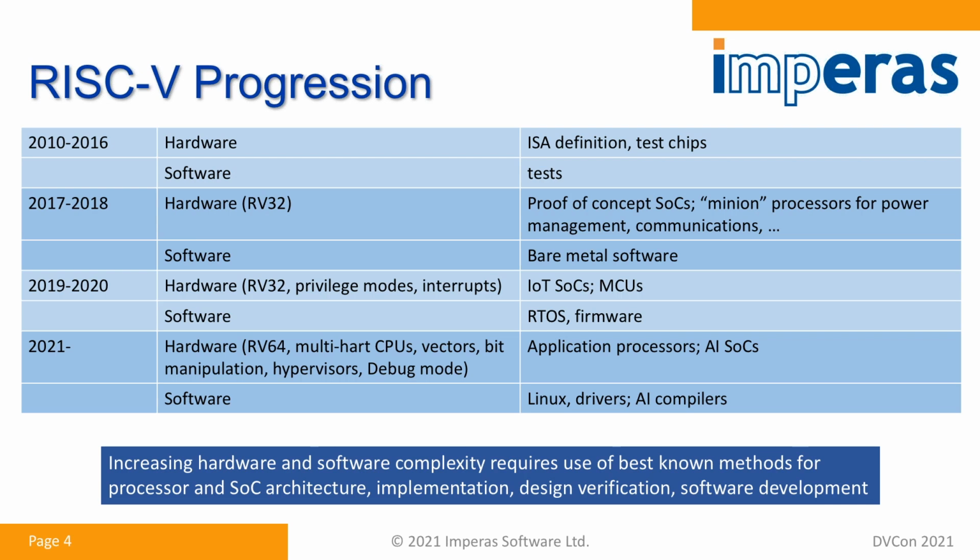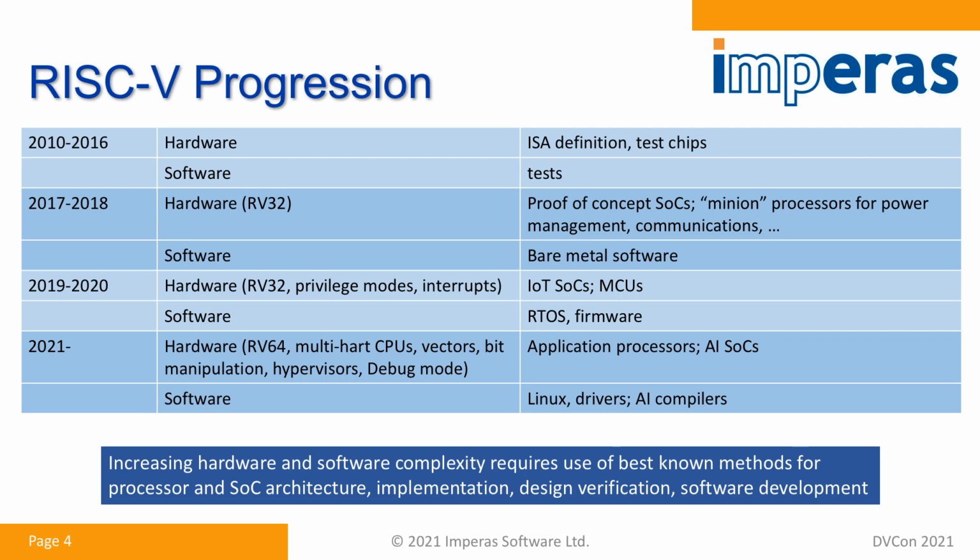So this was bare metal software that was just running on those chips, nothing external. And then the last 2 years have seen further increase in complexity, taking those minion processors and expanding those to IoT, SoCs, to microcontrollers, and now getting real-time operating systems and firmware running on these and actually starting to deploy some of these.